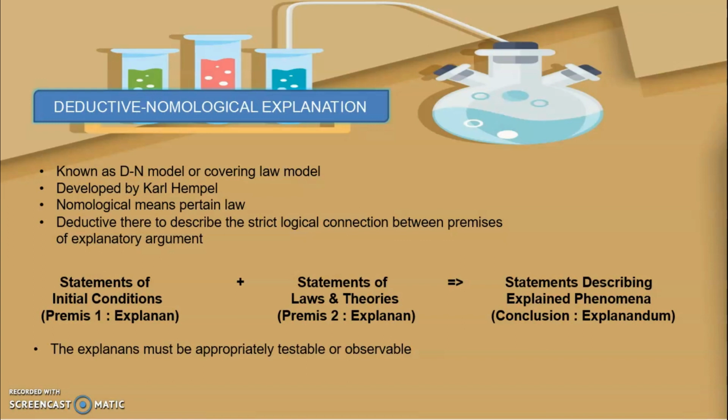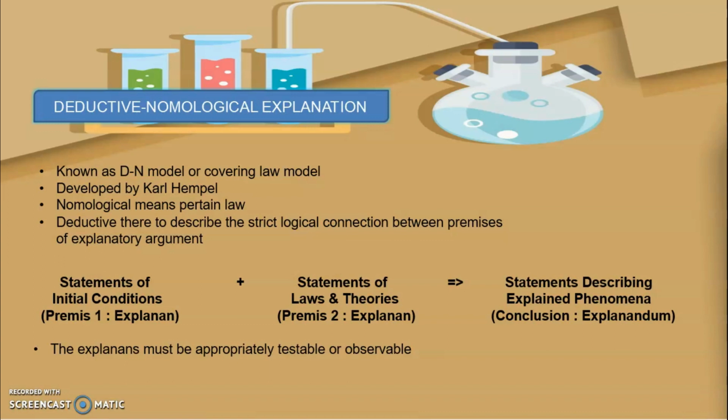Nomological here means per se law, and deductive describes the strict logical connection between premises of the explanatory argument. The premises of the argument, which form the explanation, consist of 2 kinds of statement, which are statement of initial condition and statement of law and theory.